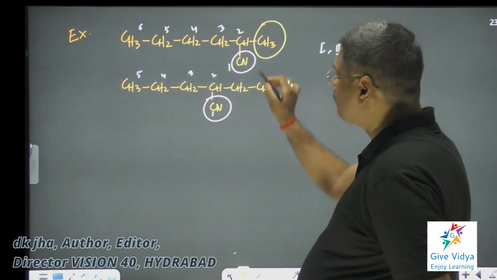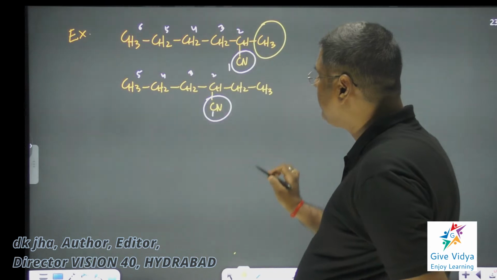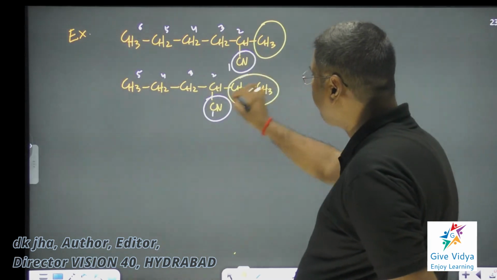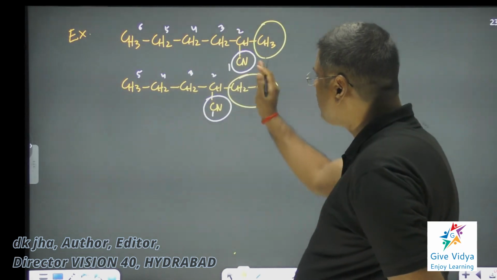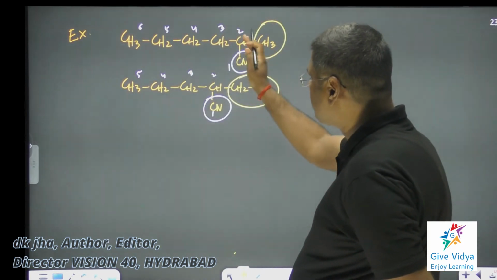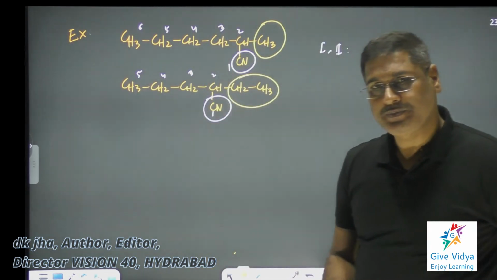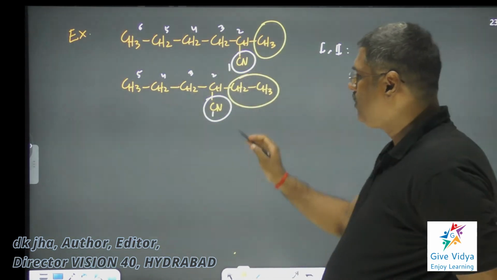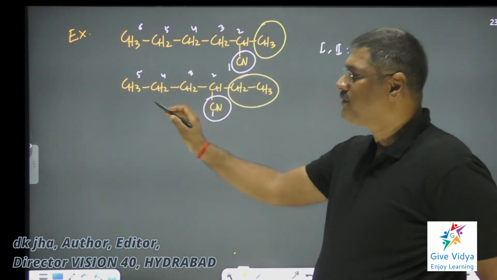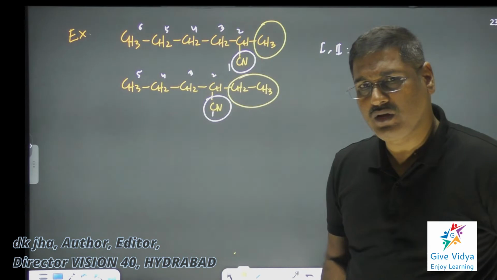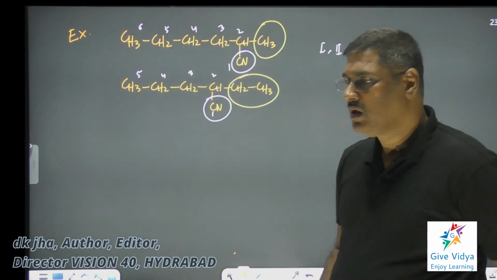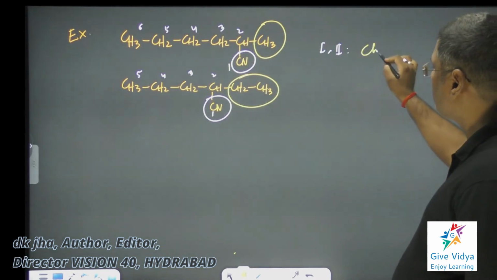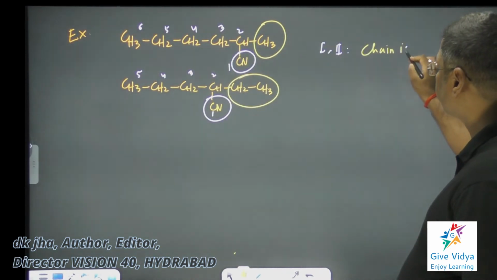And now, due to the change in position of CN, the substituent is no more methyl. This one is ethyl. Due to the change in position of this CN from this place to that place, the basic skeleton is changed. Now, there are only 5 carbon atoms in the parent chain. Yes, so 1 and 2 are chain isomers.